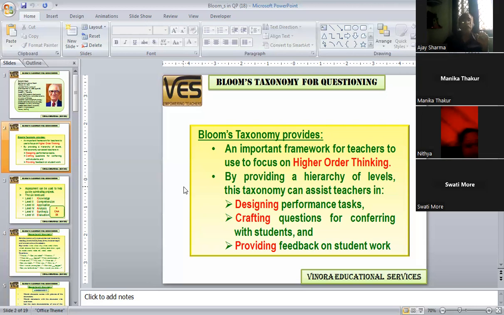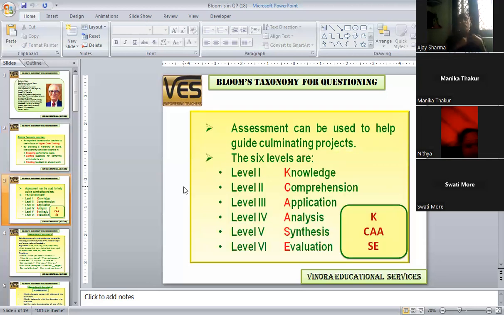Now we come to the next one. It can be used as a culminating project, your system of making this question paper. And there are 6 levels in Bloom's taxonomy, Anderson taxonomy. The only difference is the use of verbs in Bloom's and nouns in Anderson. No major difference.